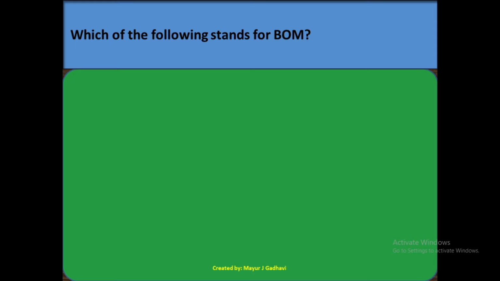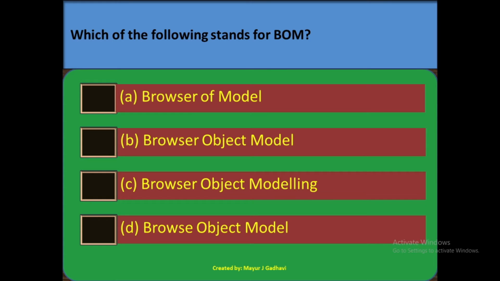Which of the following stands for BOM? The options are A, browser of model, B, browser object model, C, browser object modeling or D, browse object model. Well, the correct answer is B, browser object model.